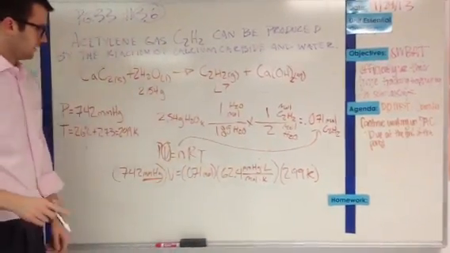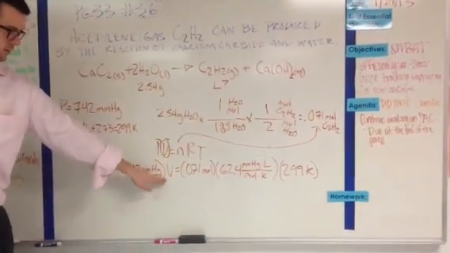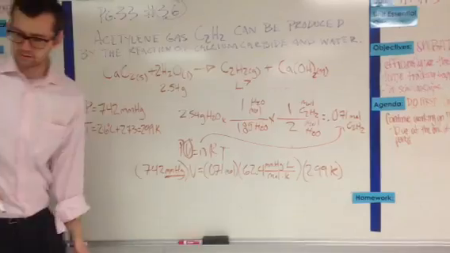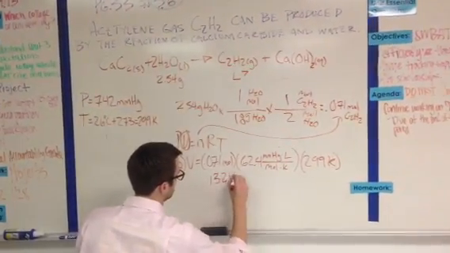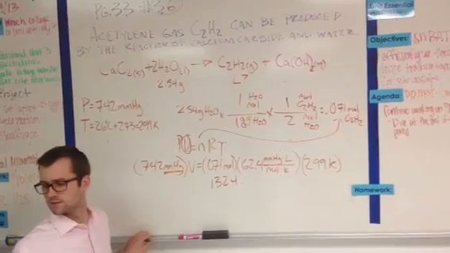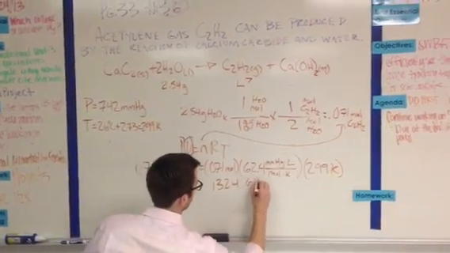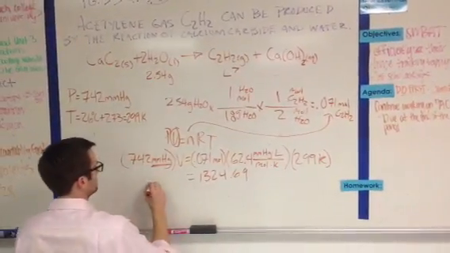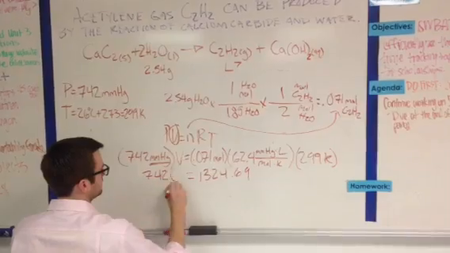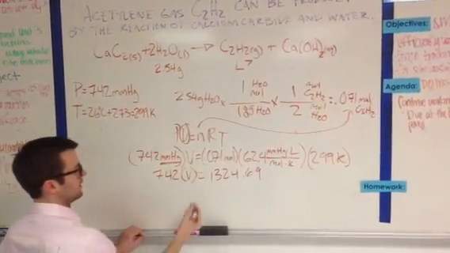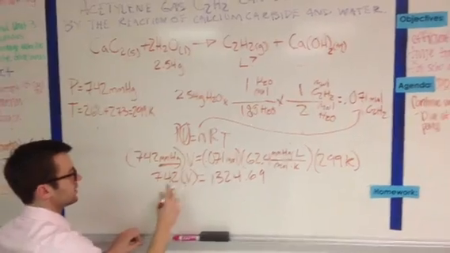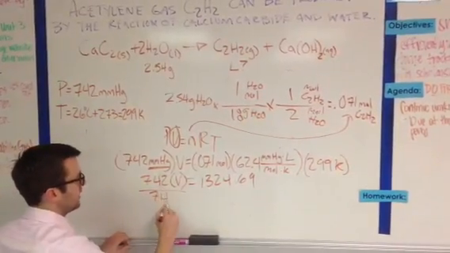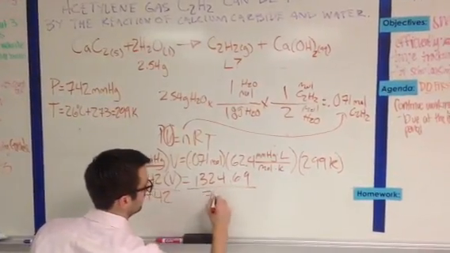So now we have to solve for V. We multiply all of these numbers together, and you should get 1324.69. And that's going to equal 742 times your V, which you're still looking for. To get V by itself, and this is where a lot of you sometimes mess up, make sure that you show this step like you would in algebra.